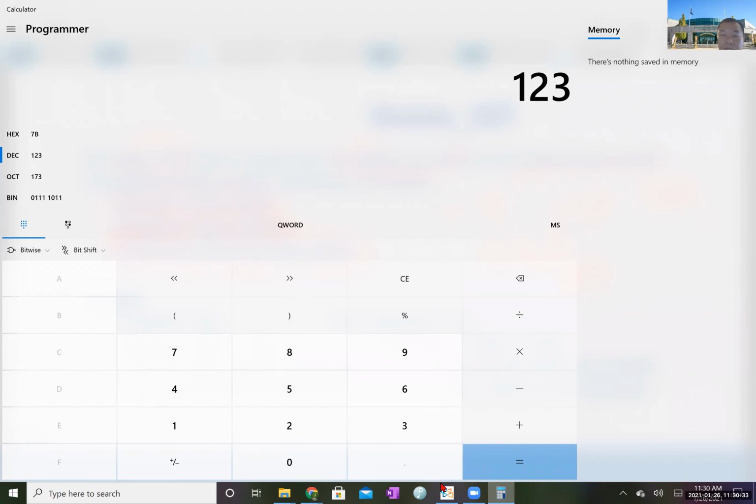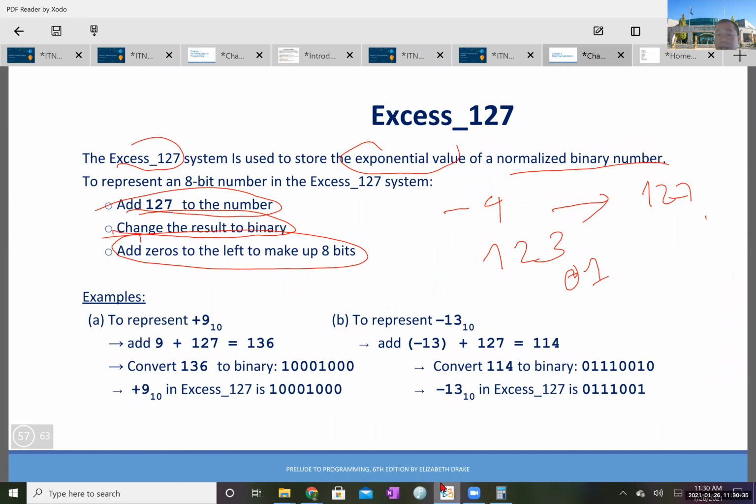The purpose of adding 127 is that they don't want to use a negative number in the exponent. If you use 8 bits, normally you have everything in the range from -127 to positive 127.